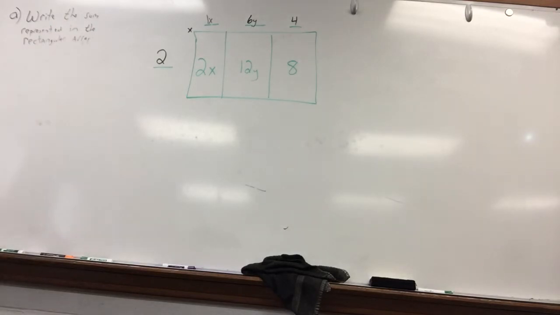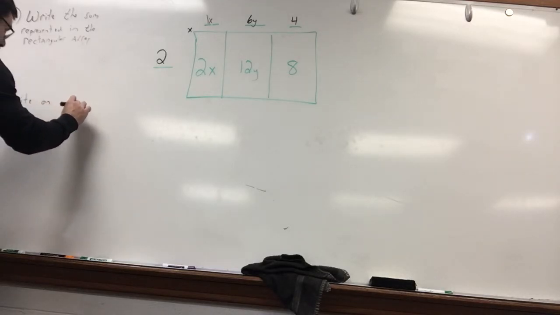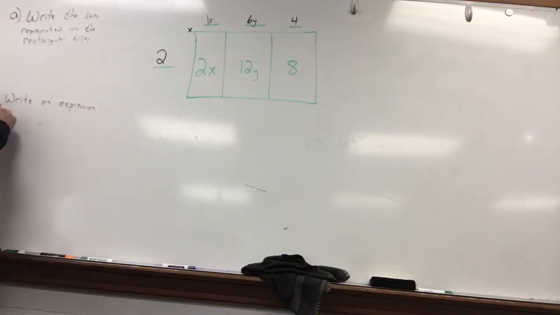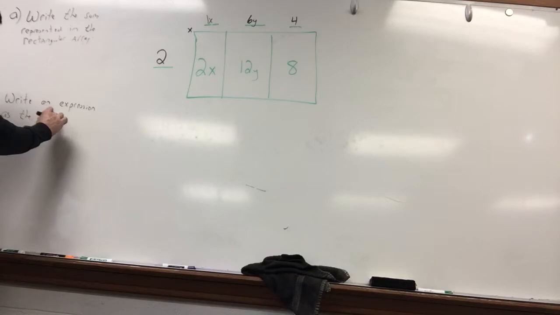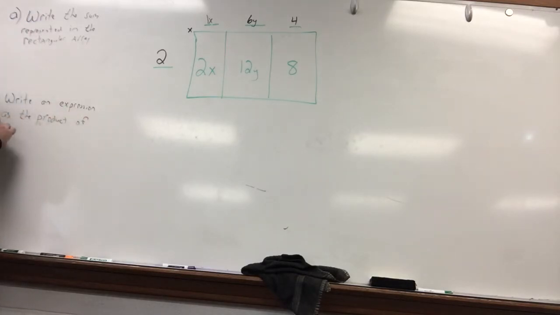So there's question A. You're going to write this down for this question, somewhere by example 2. Then write an expression as the product of 2 factors.